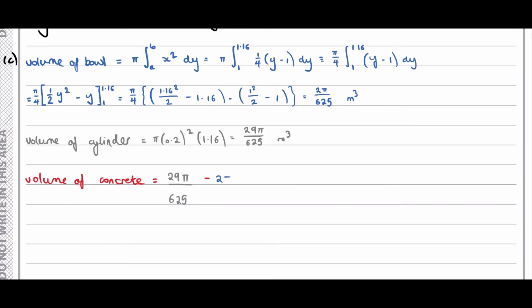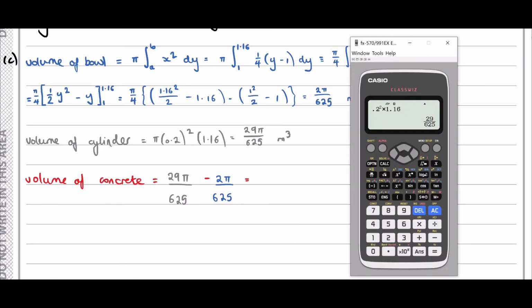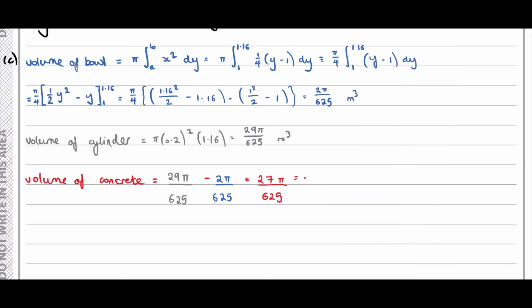Working this out, if I subtract 2 over 625, we end up with 27 pi over 625. So let's just multiply this by pi. Therefore, we end up with, as a decimal, 0.136 meters cubed. Okay? And this is to 3 significant figures.